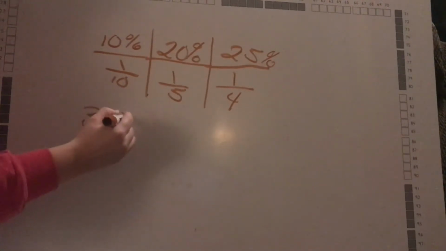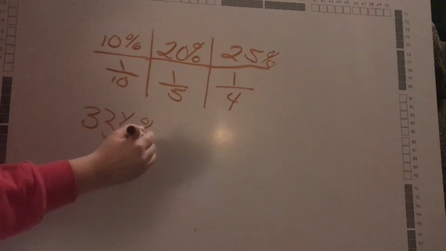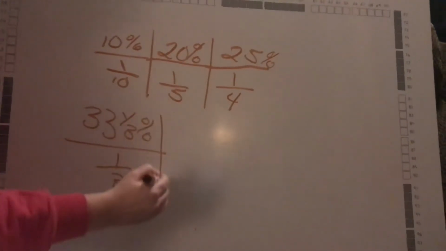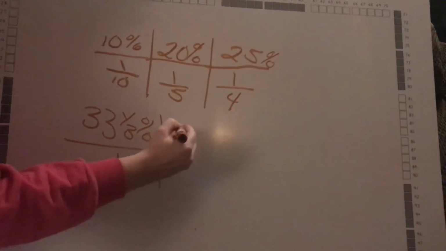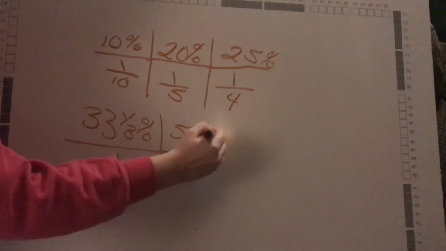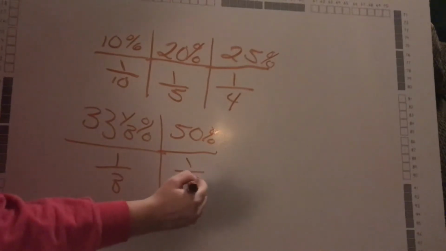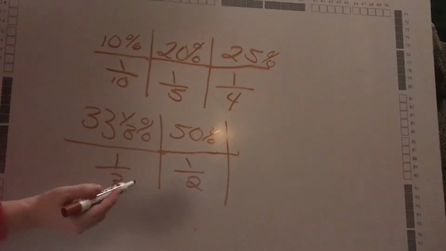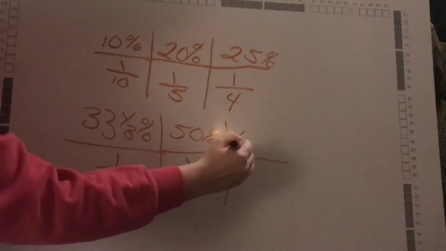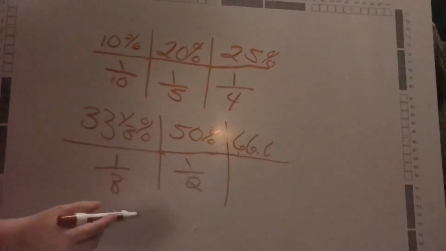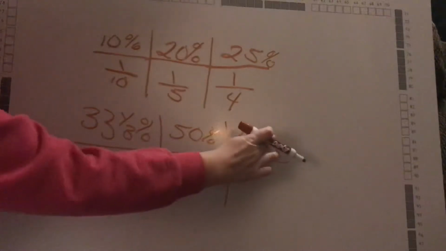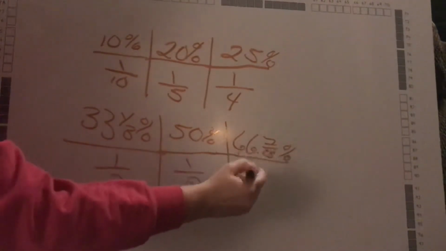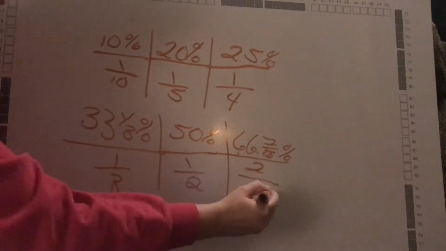Now we're going to bring the rest of them down here, because I wrote too big. 33 1/3% is 1/3. 50% is 1/2. And then they have 66 2/3%, which is 2/3.